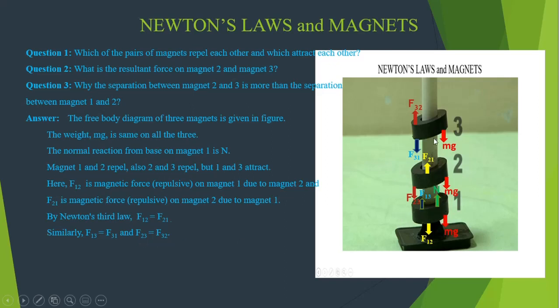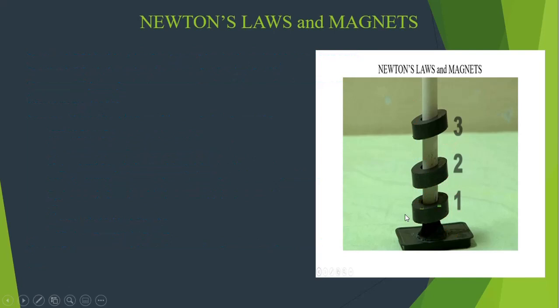We also observe that all the magnets are in stationary position. Hence, according to Newton's second law, the resultant force on each magnet is 0. For magnet 1, there are 4 forces.